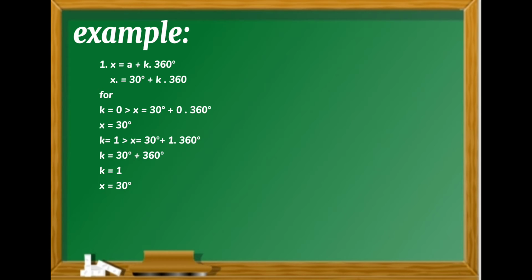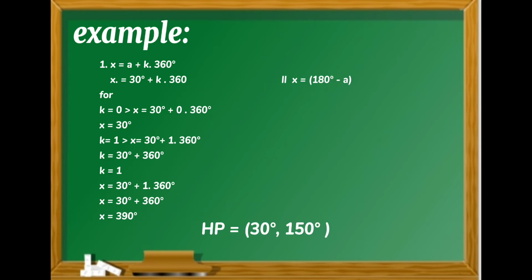We get x equals 30 plus 360, which is 390 degrees.